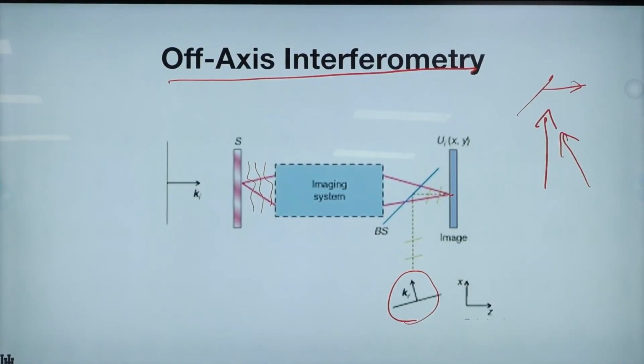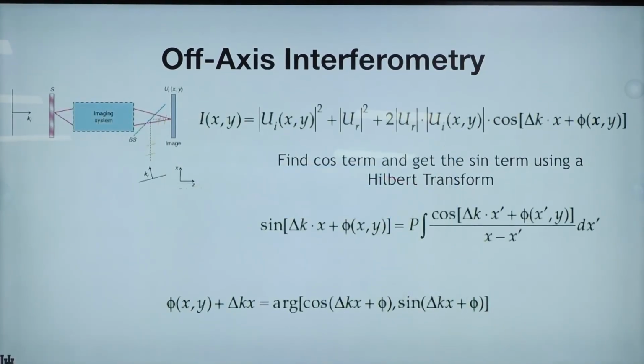You interfere the two and then have it incident on the sensor. When you do that, you get the intensity with a cross term.